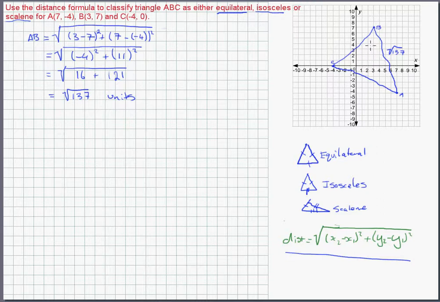Let's take another side. Let's go for BC. So the length of our line BC is the square root of the difference in the x coordinates.